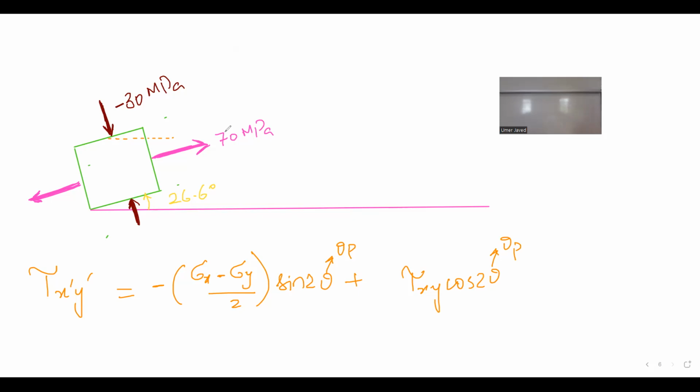My answer to you will be, the stress that you are applying is the principal stress. Why? Because there is no shear stress that I am applying at this angle. We will talk about it more. But is this clear?